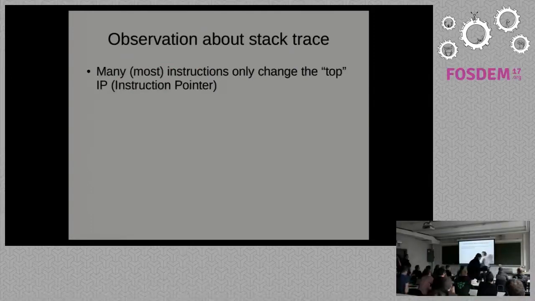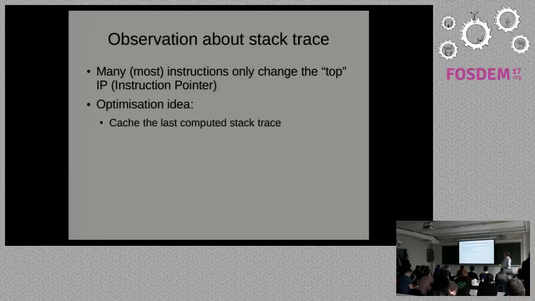So, an observation about stack traces: many instructions, most instructions in fact, only change the top instruction pointer. That's a nice observation, and that is the basic idea with which I have optimized the stack trace recording.